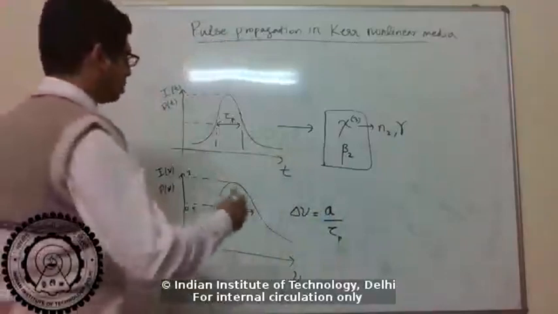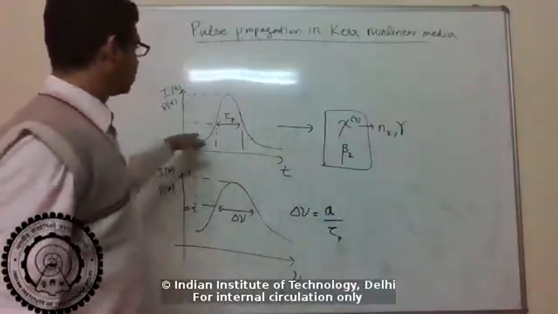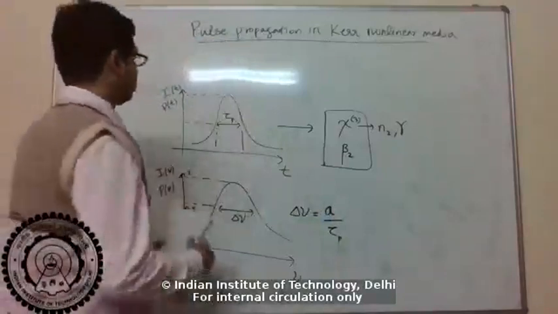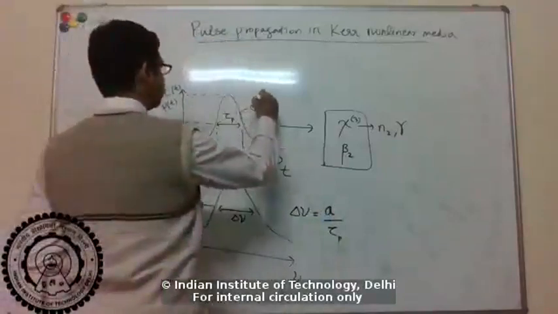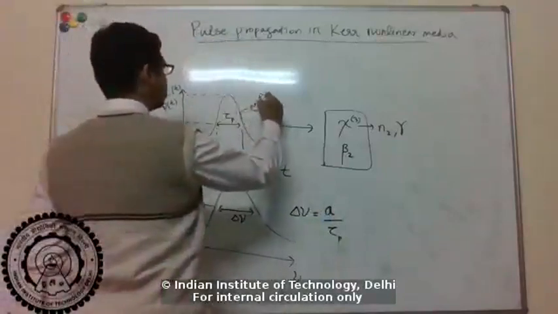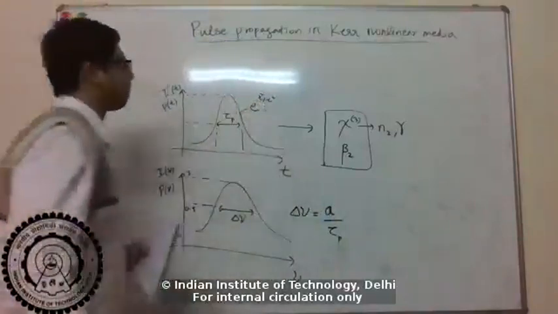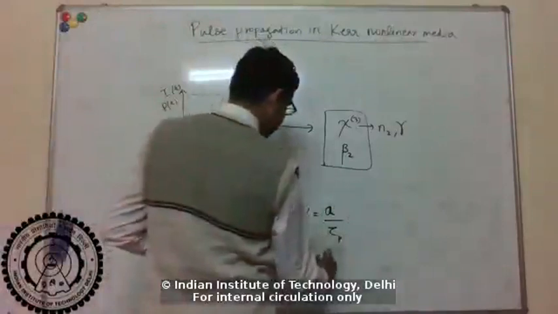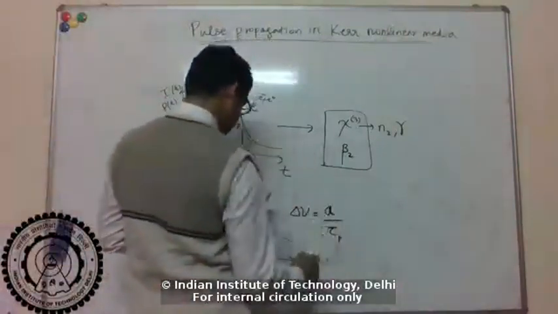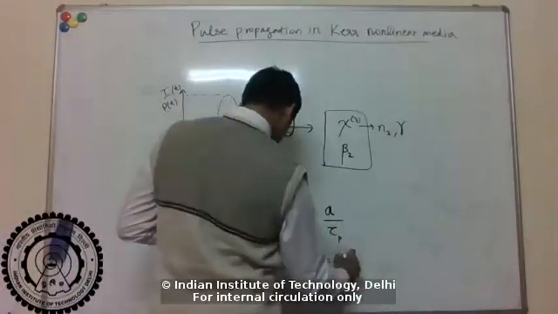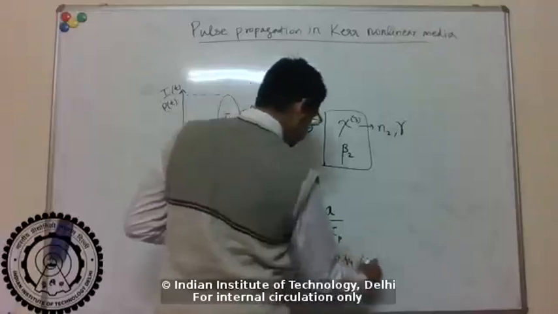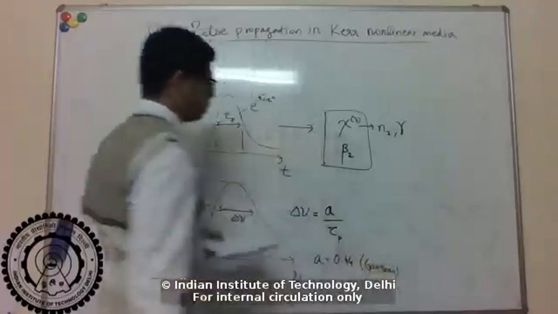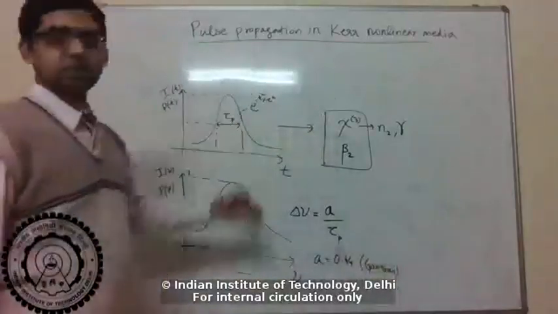So, for example, the most common type of pulse is a Gaussian pulse, where this is a Gaussian function, for example e to the minus t squared by tau squared. For a Gaussian pulse, this A is 0.44. But you could have other shapes for pulses.